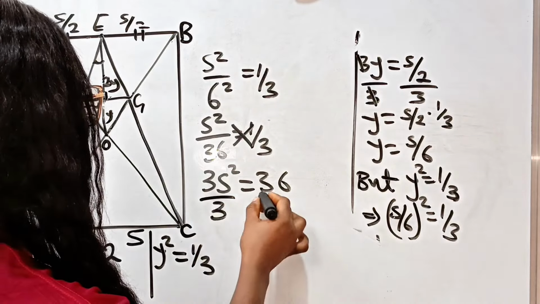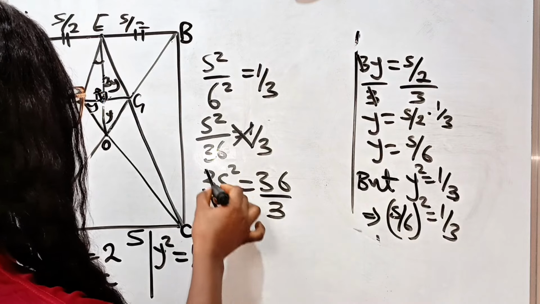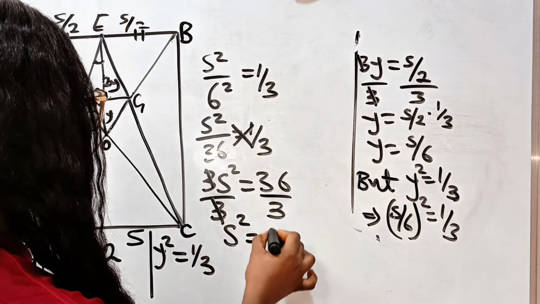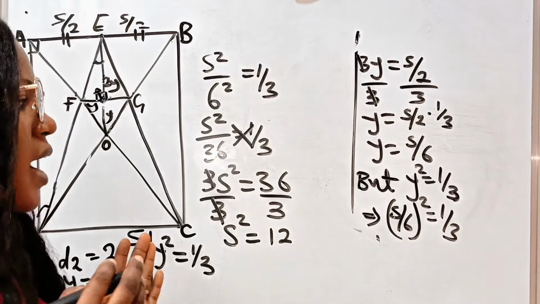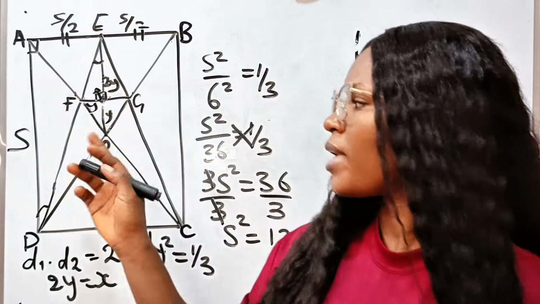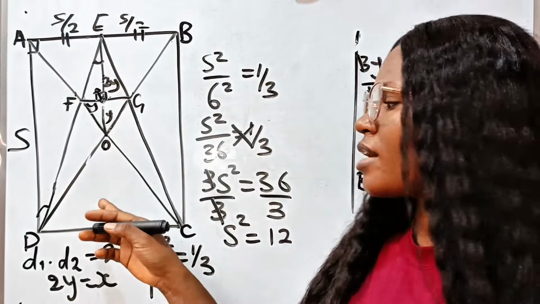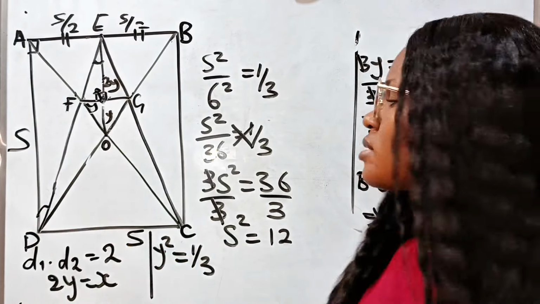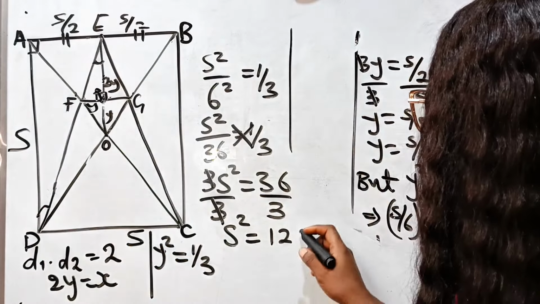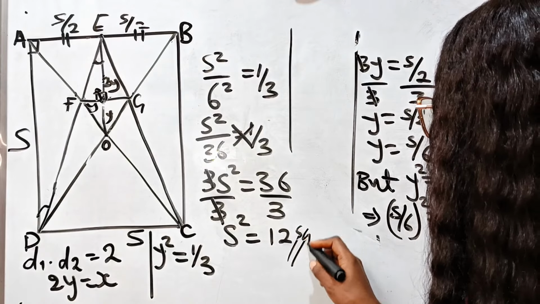So we divide by 3 and divide by 3. And we have that S squared is equal to 12. Now remember that we are asked to find the area of this square. And the area of the square is S times S, which is S squared, right? Therefore, this is the area in square units.